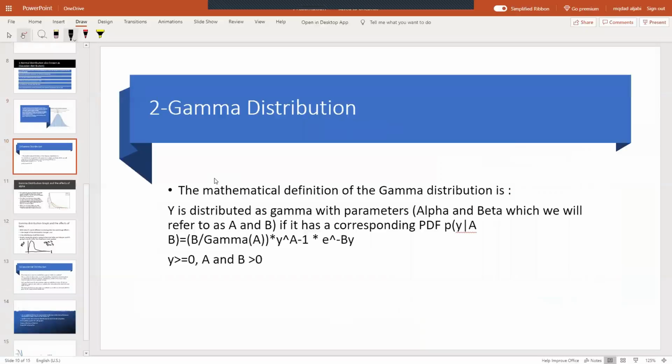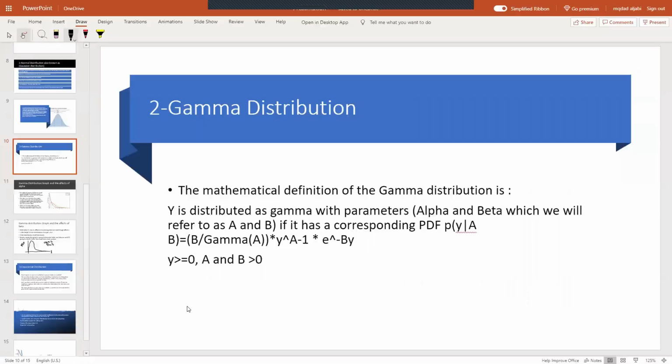The next thing I'm going to talk about is the gamma distribution. The mathematical definition of the gamma distribution is: y is distributed as gamma with parameters alpha and beta, which we will refer to as a and b, if it has a corresponding PDF. The probability for y, given alpha and beta, equals beta to the power of alpha over gamma of alpha, times y to the power of alpha minus 1, times e to the power of minus beta y.